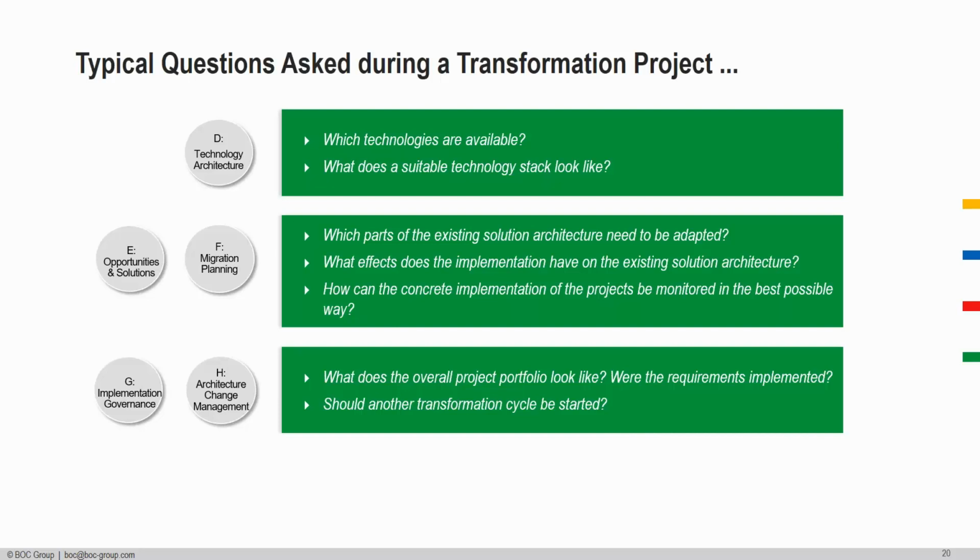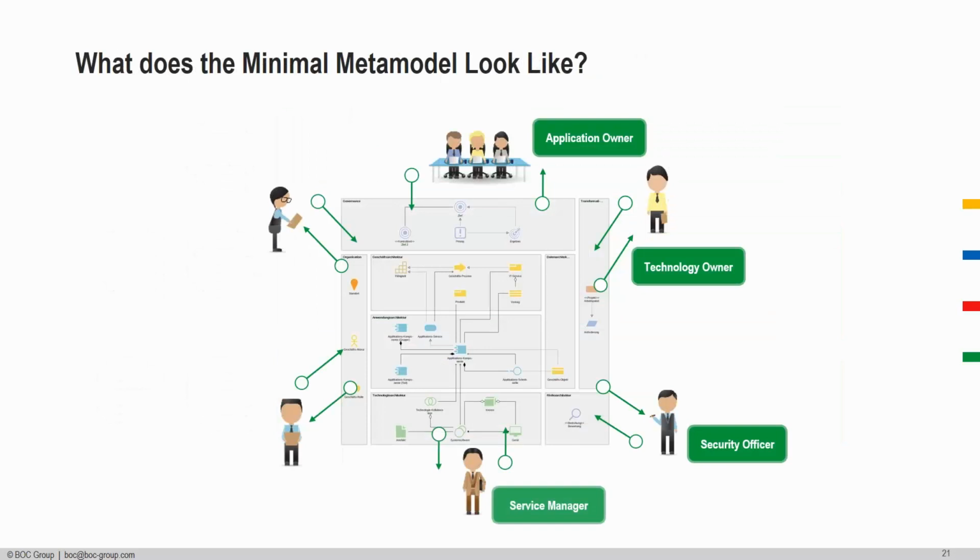So obviously here, as we just saw, there are lots of different concerns that need to be addressed as part of an enterprise portfolio management initiative, especially when it comes to a transformation project. To be able to manage and address all of the concerns from the different stakeholders involved, you need to have an agreed way of describing the architecture, first of all, together with all of the critical relations and dependencies that are going to exist across the enterprise architecture and all of the different layers.